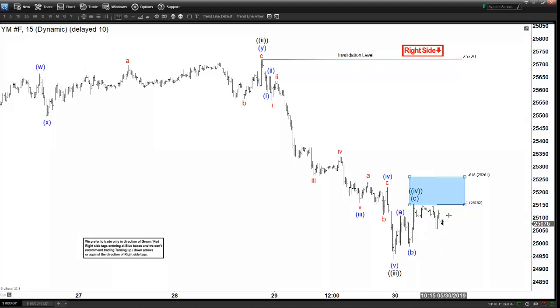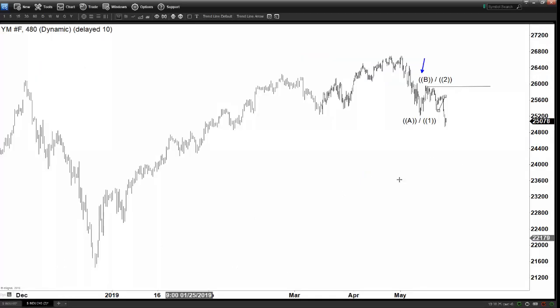So I have provided two alternates in which this one can be 5 waves up ending A and then B and C, or this can be a double correction, this W, X and then Y before turning lower. Either alternate suggests that as far as it fails below here, we are still looking for the downside in the Dow Jones, with a target to 100% of this ABC.